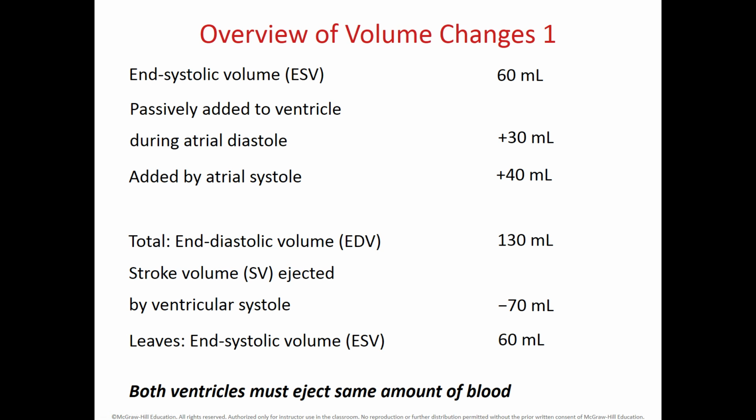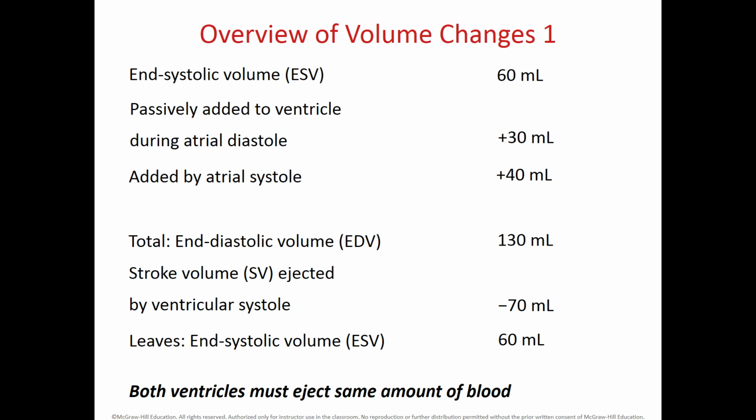So you have an end systolic volume of 60, and then during the ventricular filling that happens, you will have plus 30 milliliters of blood added, and then you add more during atrial systole, so that's plus 40 milliliters to have a total end diastolic volume of 130.